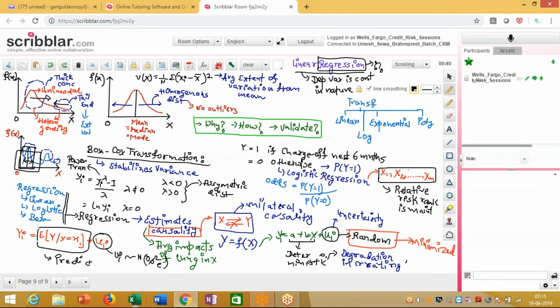Can you show that if ui is normally distributed with mean 0 and a constant variance sigma squared, then ui is random in nature? Can you relate the two?